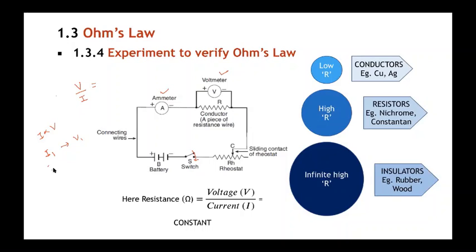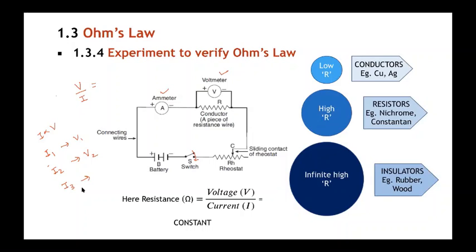Let's say it decreased to I2, and the voltmeter will give a different reading, V2. Do it again, increase the resistance. You will get another value I3, which is less than I2, and some reading V3, and so on.